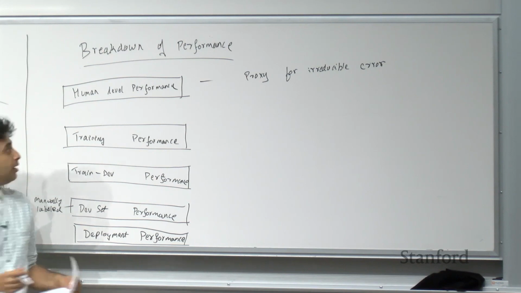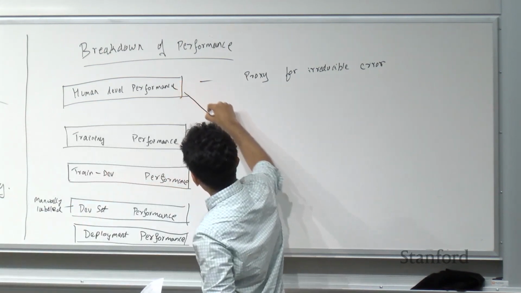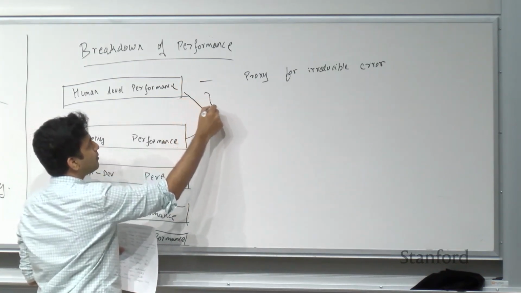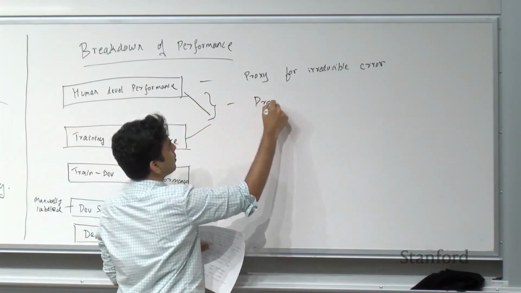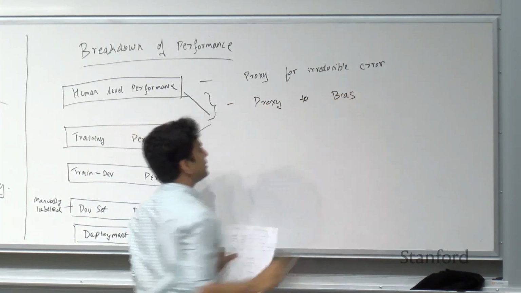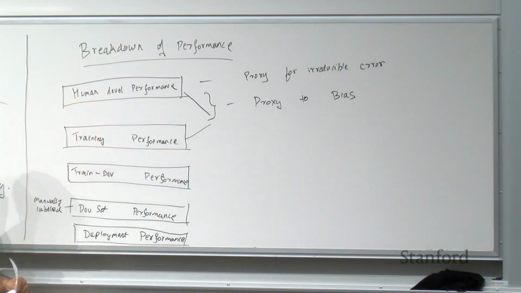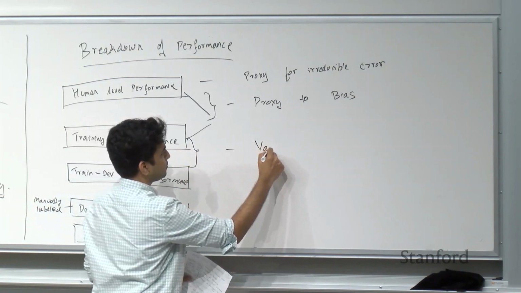The gap between training performance and human level performance, you want to think of this gap as a proxy for the bias in the model, right? And similarly, the gap between the train dev performance and the training performance, you want to think of that as the variance in the model.